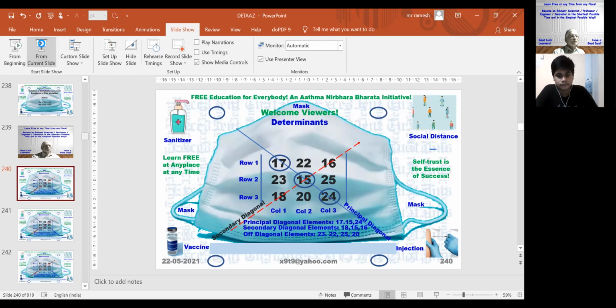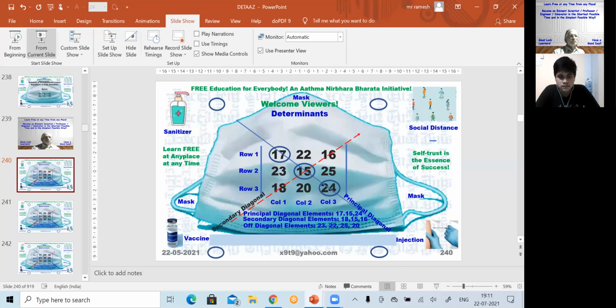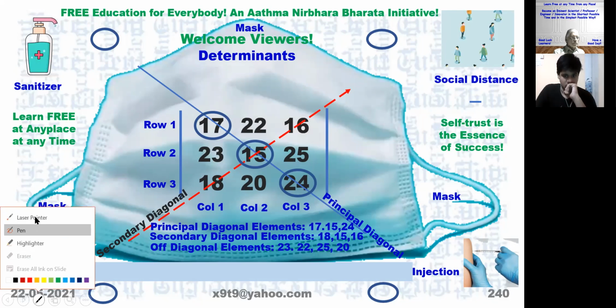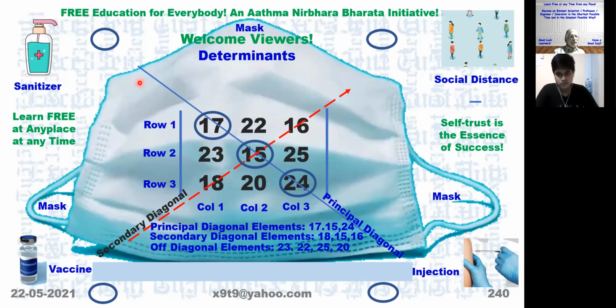Then the line going from bottom left corner to top right corner is the secondary diagonal. So numbers which are on the principal diagonal are called the principal diagonal elements.